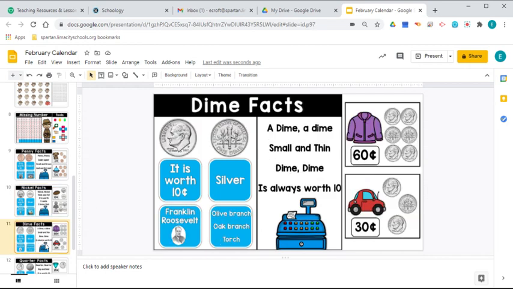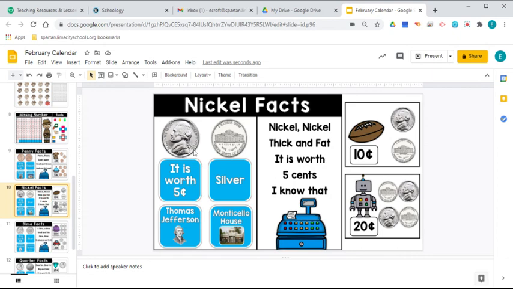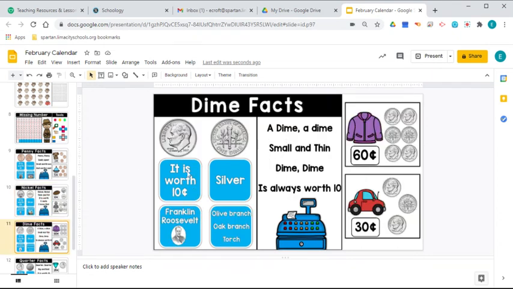Let's talk a little bit about dimes. This is our dime, and what's funny about the dime is it's worth 10 cents, so it's worth more than a nickel, but a nickel is bigger for some reason. So here's our nickel. It's worth 5. Our dime is worth 10 cents, so it's worth more. It's also silver in color.